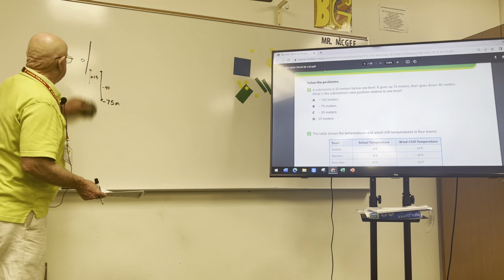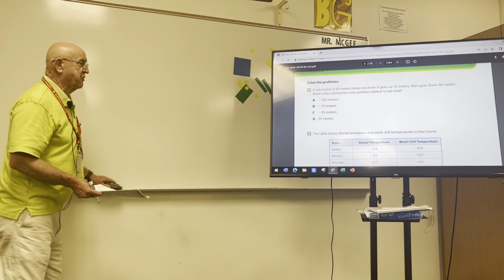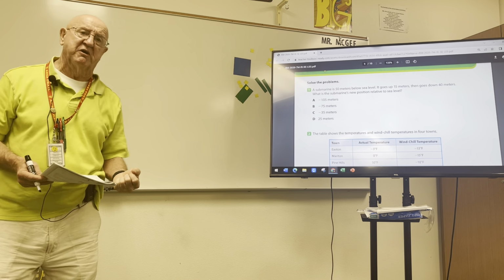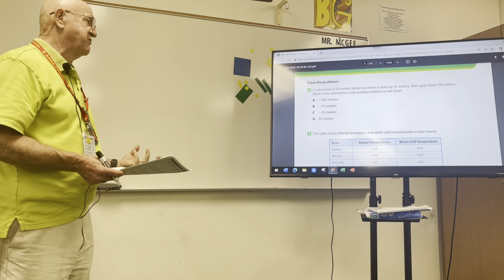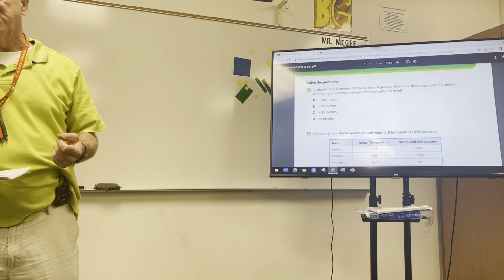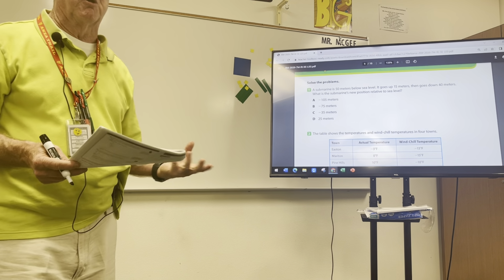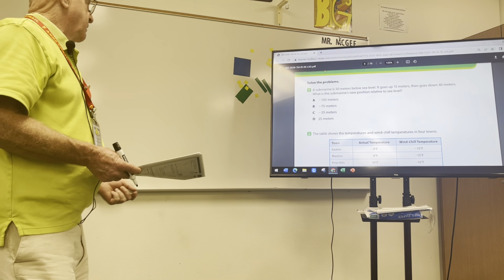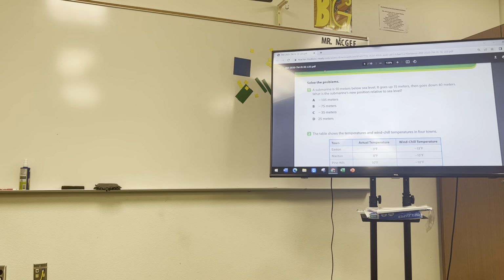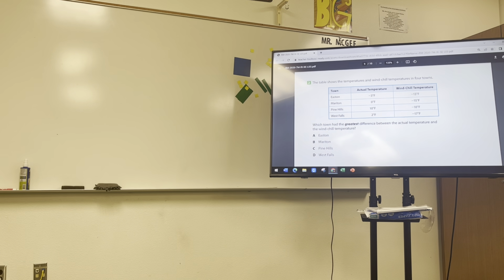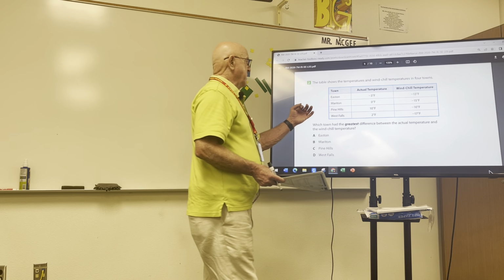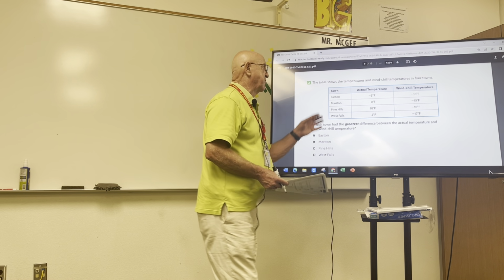Problem number 2, again, we're going to be talking about temperatures and wind chill temperatures in 4 different towns. The wind chill temperature just means when the wind's blowing, it feels colder. All right, so we have these 4 towns: Easton, Meriton, Pine Hills, and West Falls.